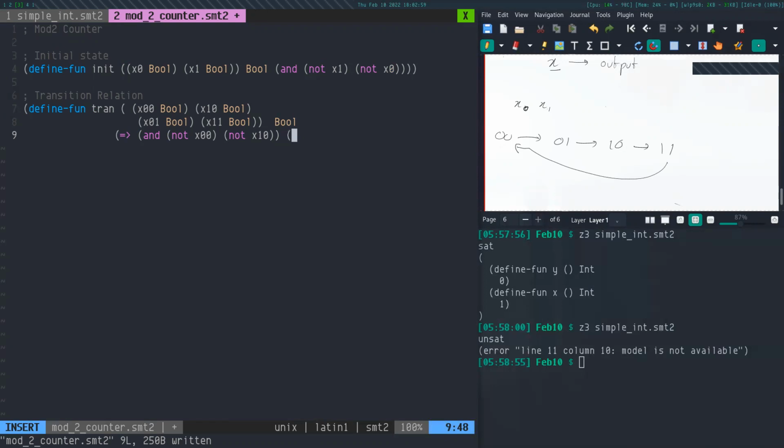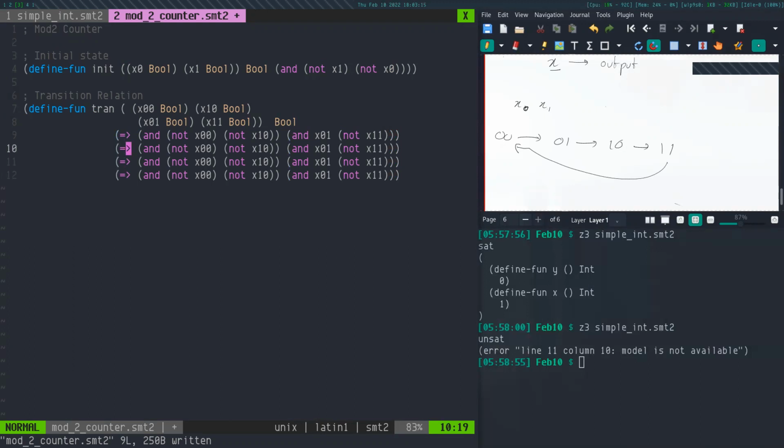Then what we want is the output variable to be 0, 1. So we want x0 to be 1, and not x1. Similarly, if we have 0, 1, then we want 1, 0. So that would mean not here, and this.